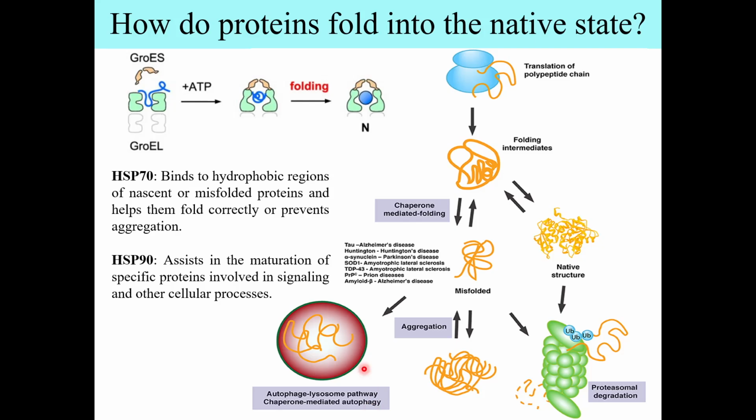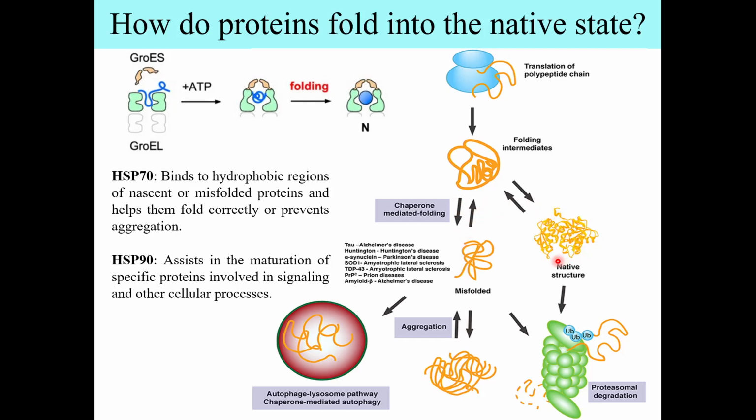Right. Now we come to chaperone mediated folding. So this was all about chaperonins. And what comes in for the chaperones is that the protein is getting translated, and the polypeptide chain undergoes folding into an intermediate structure. If there is misfolding, then what happens? The chaperone mediated processes make sure that they are folded into the native state structure.